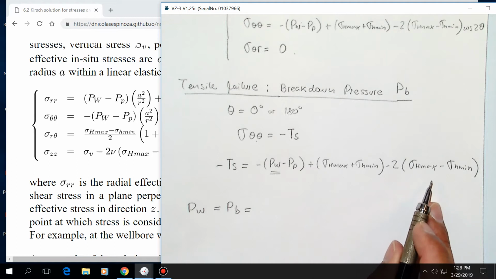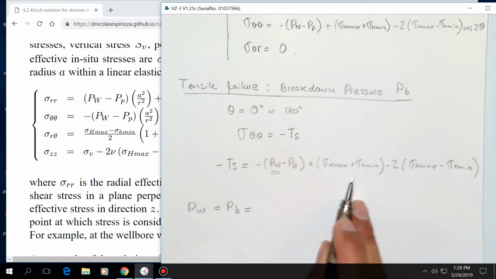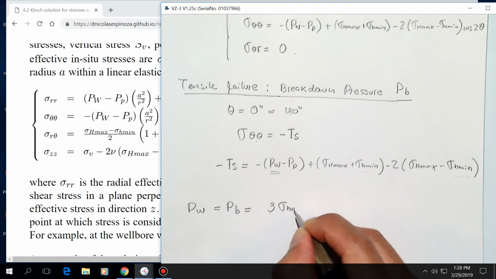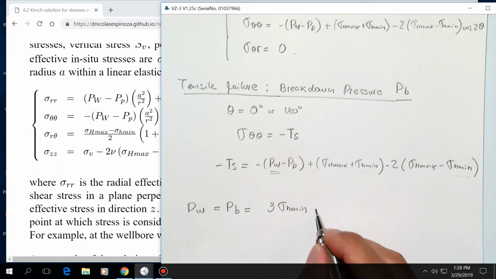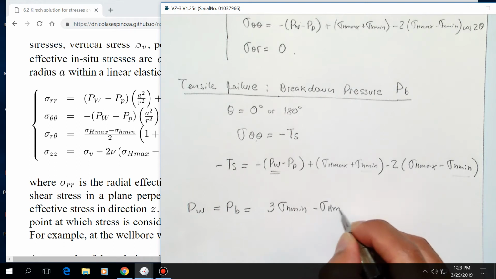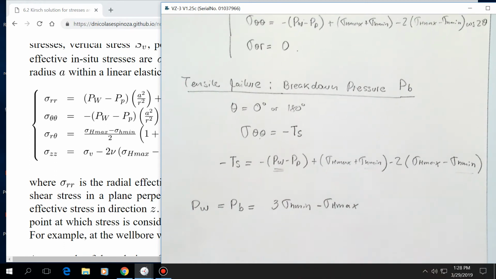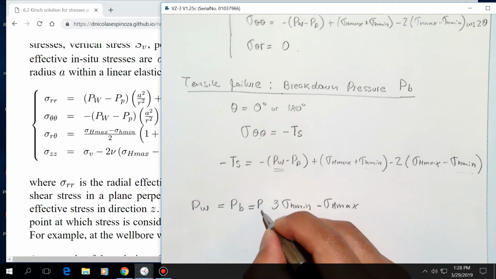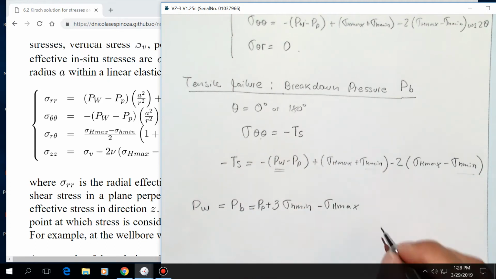So here, for example, we're going to have 3 sigma h min minus 1 sigma h max. This is going to be negative, and negative is going to be positive. So pore pressure plus this, and the tensile strength is going to go to the right hand side.